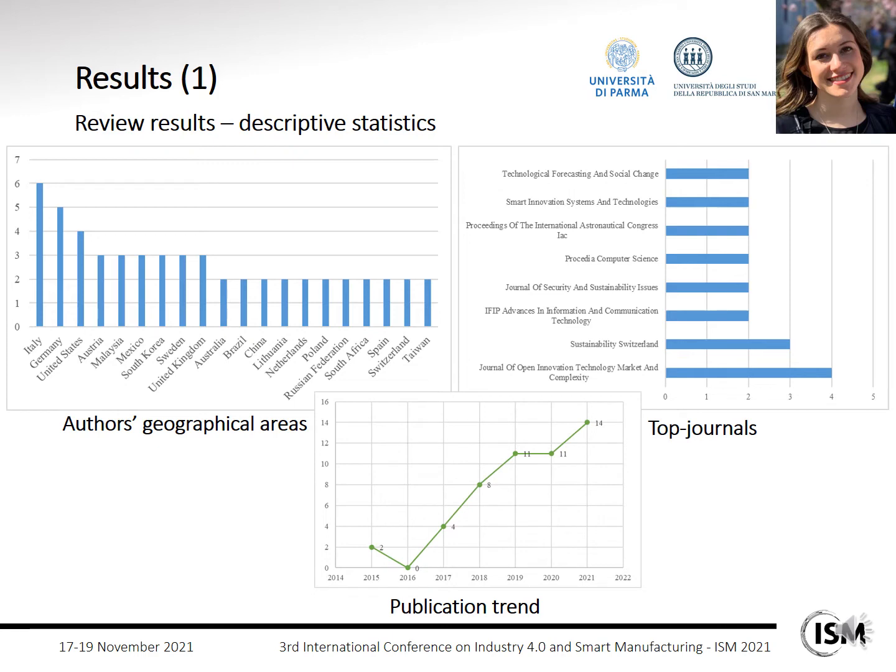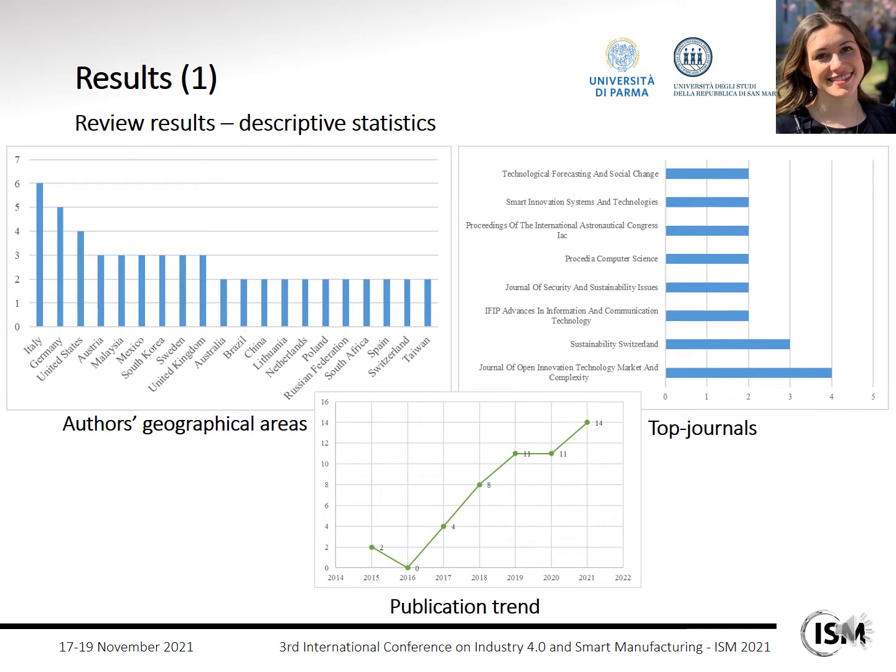As far as the publication trend is concerned, it can be noticed that the first relevant publication on the topics of Industry 4.0 and open innovation appeared in 2015, and this is coherent with the rise of interest in open innovation and Industry 4.0, as we already stated in the introductory part.